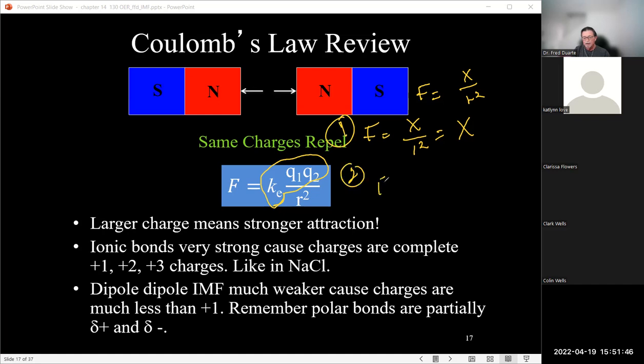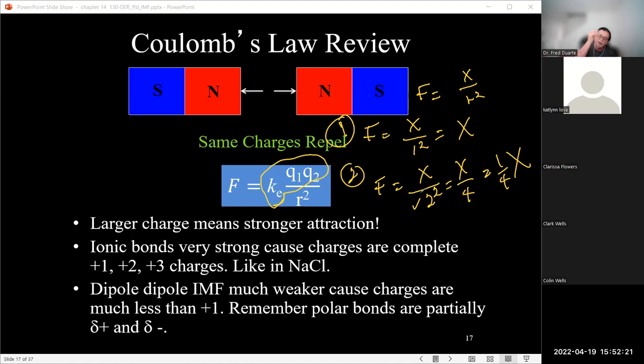Force is equal to X divided by 2 squared, which is X divided by 4, basically 1/4 of X. So by doubling the distance from 1 unit to 2 units, that force is now 1/4 the strength. The force between those two charges drastically dropped to 1/4.